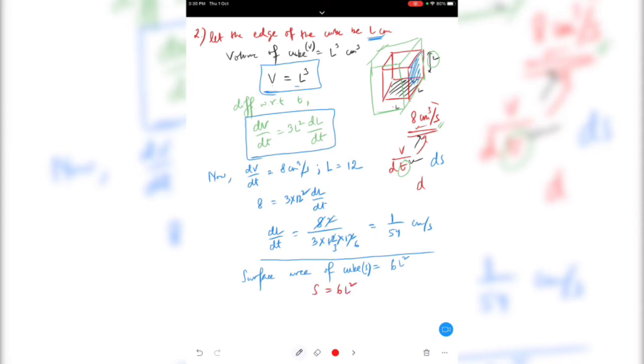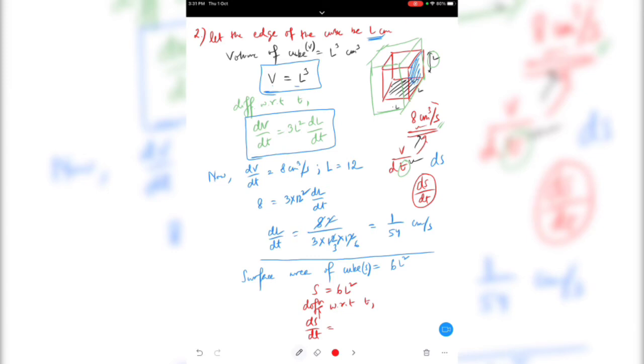So we need to find what? The rate at which the surface area is increasing. So we need to find dS/dt. Differentiating with respect to time, what do you get? dS/dt is equal to, tell me guys, what is differentiation of 6L square?